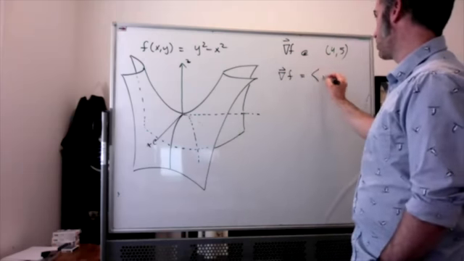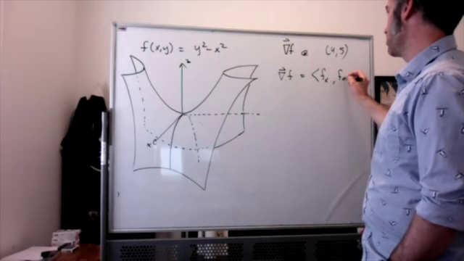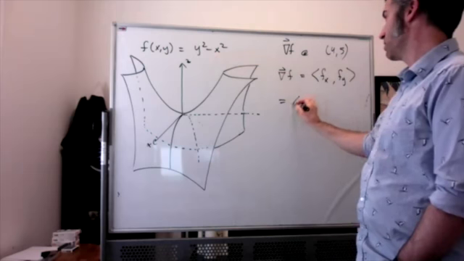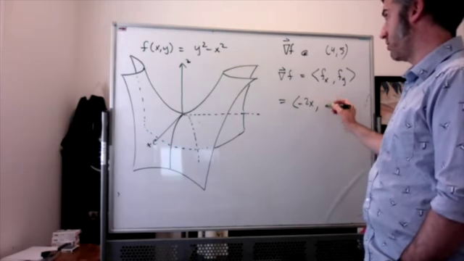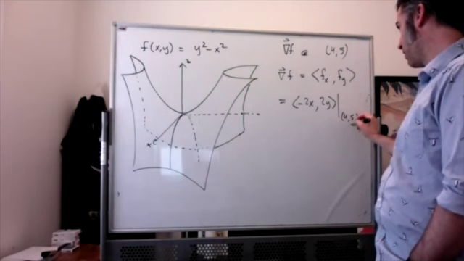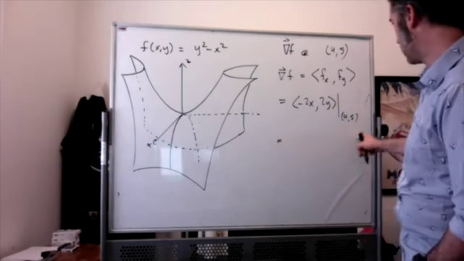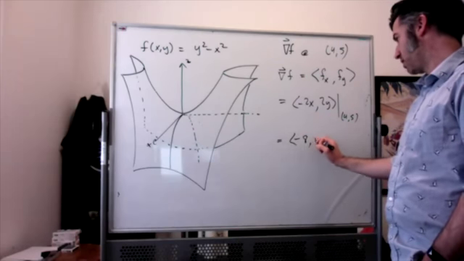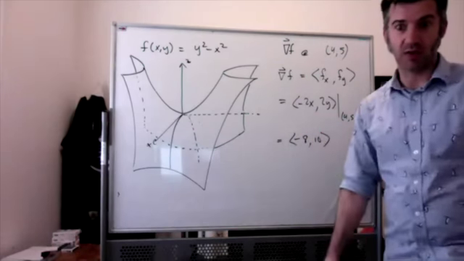It's the partial in the x direction, partial in the y direction. The partial in the x direction is negative 2x, partial in the y direction is 2y, evaluated at (4, 5). So we are looking at negative 8, positive 10. So there's our gradient.